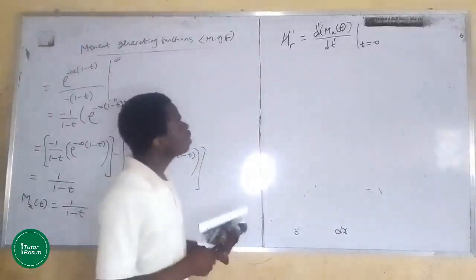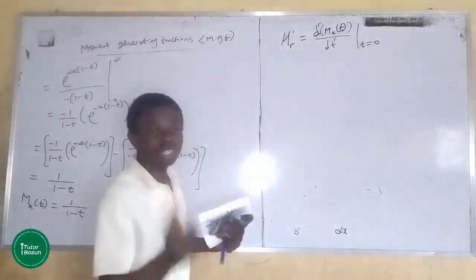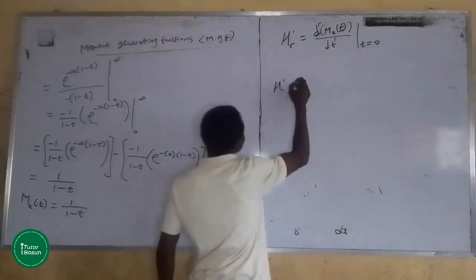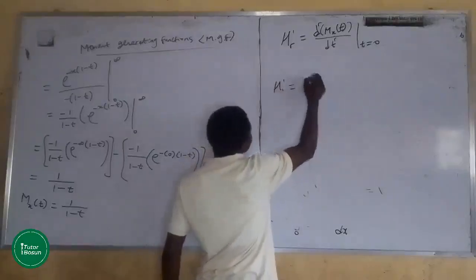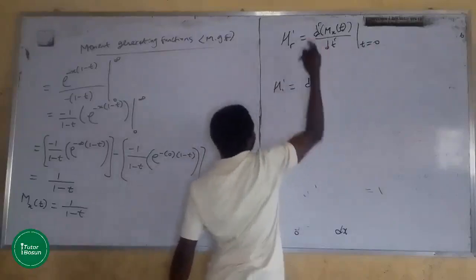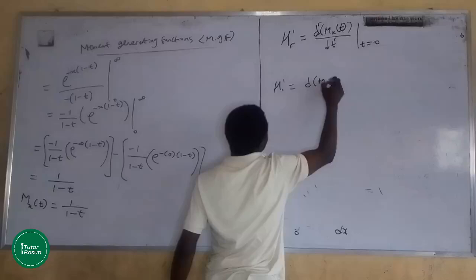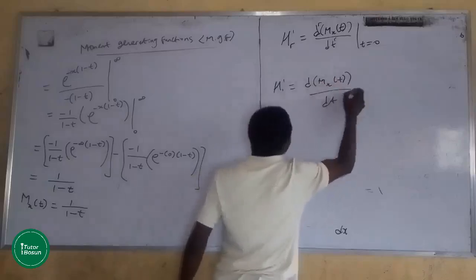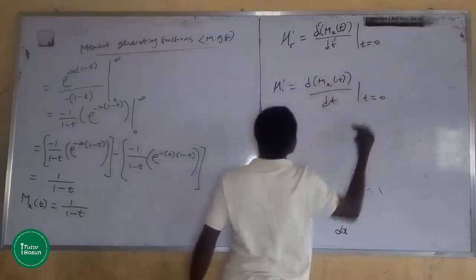So that tells you that if r is 1, that is the first moment, then mu 1 prime will be the first derivative of M(t) with respect to t, taking t to be 0.